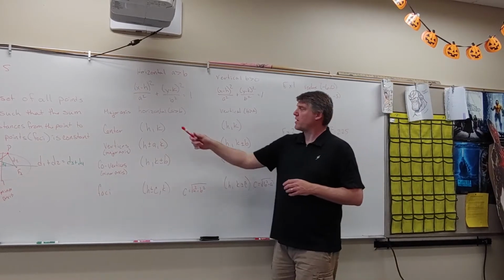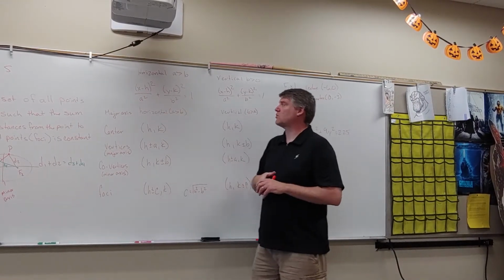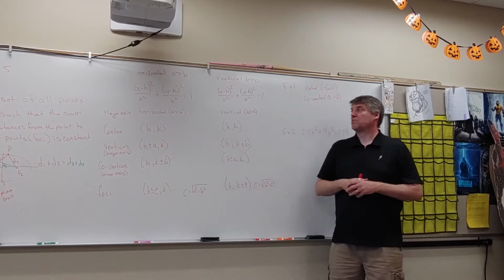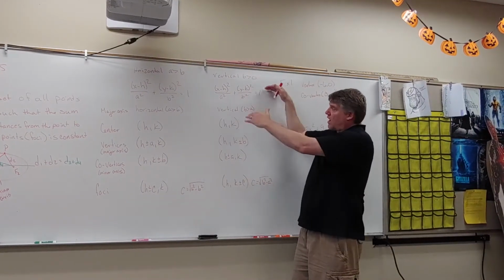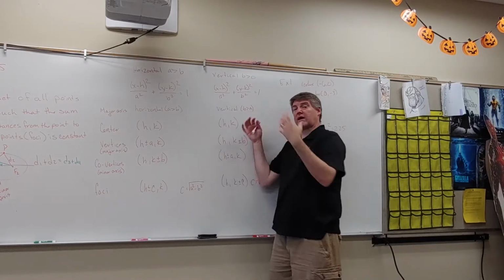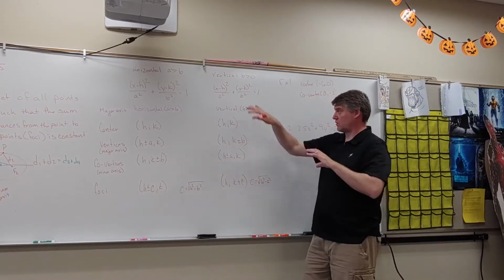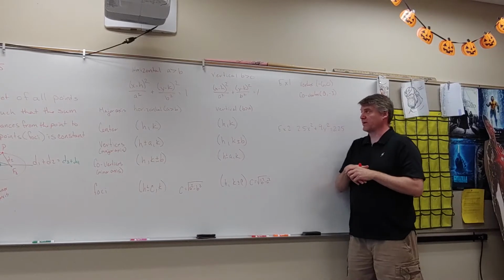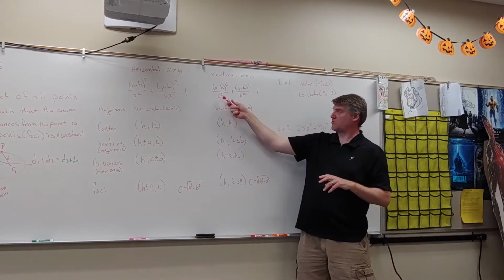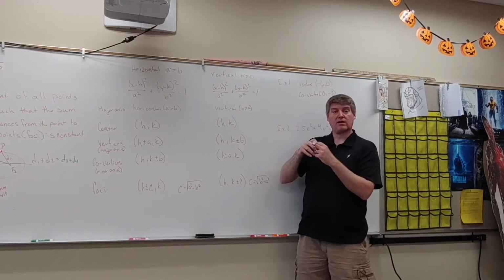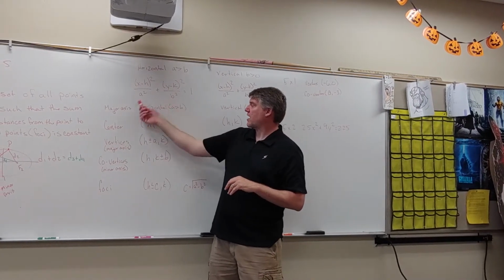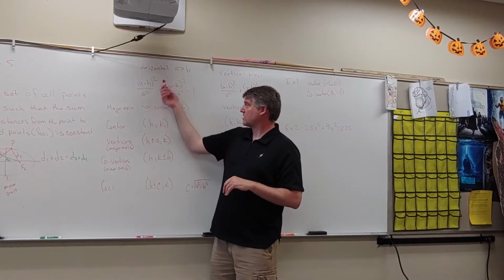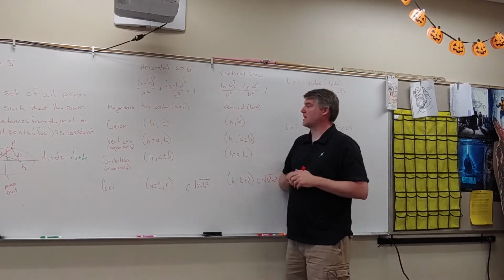My equation is (x minus h) quantity squared over a squared plus (y minus k) quantity squared over b squared equals 1. That's the same no matter what. I'm just looking at the comparison between a and b to determine which is the major axis. So here my major axis is horizontal on my first one, vertical on my second one.